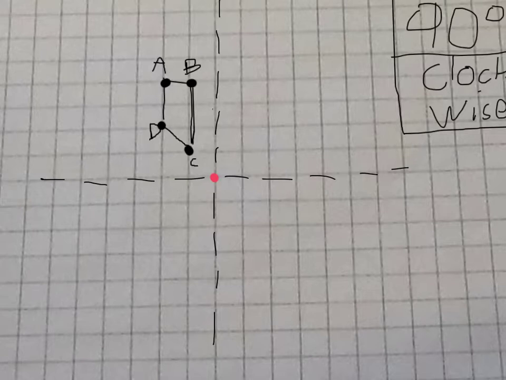So 1 away from the rotation point and 1 up. So C would be 1 there and 1 here. So our new C prime would be right here.